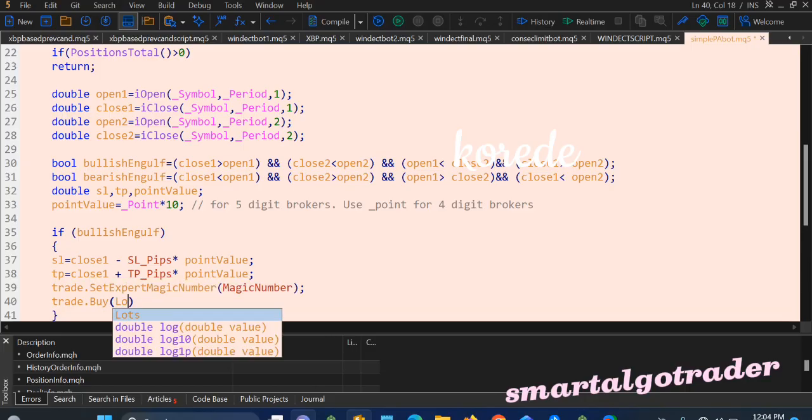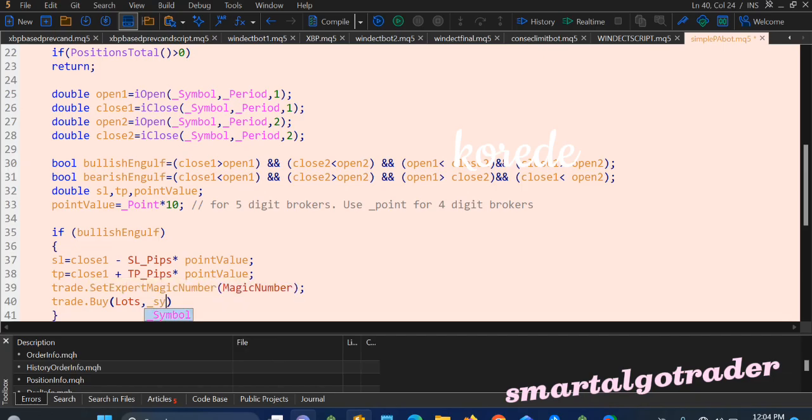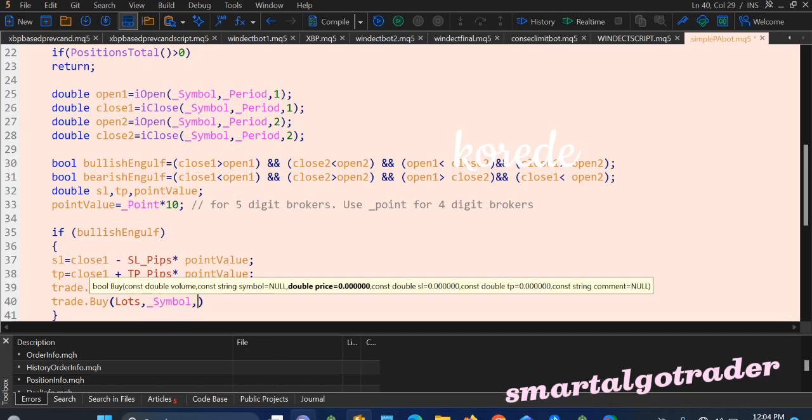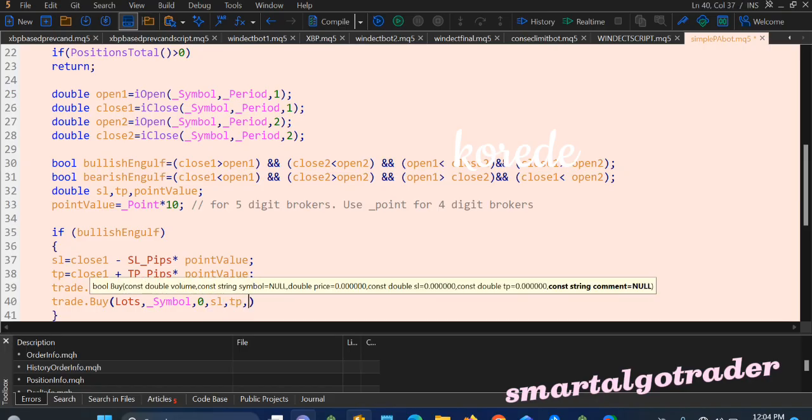So we have lot underscore symbol, 0, stop loss, TP, and then this is the comment: bullish engulfing.